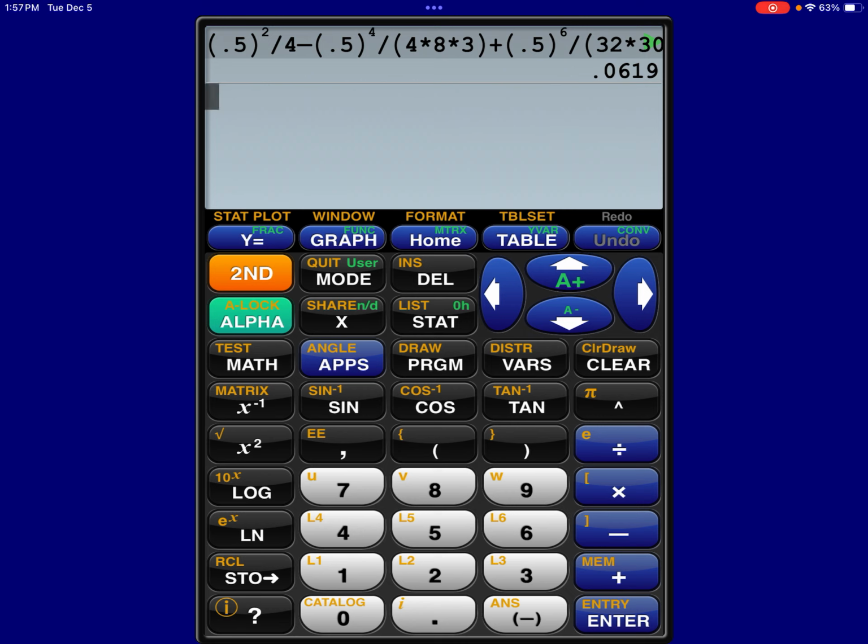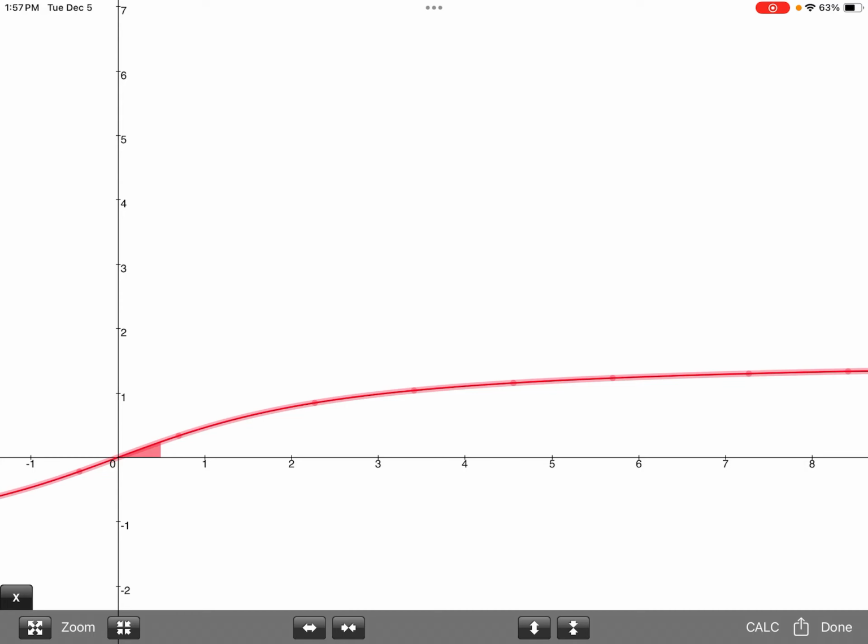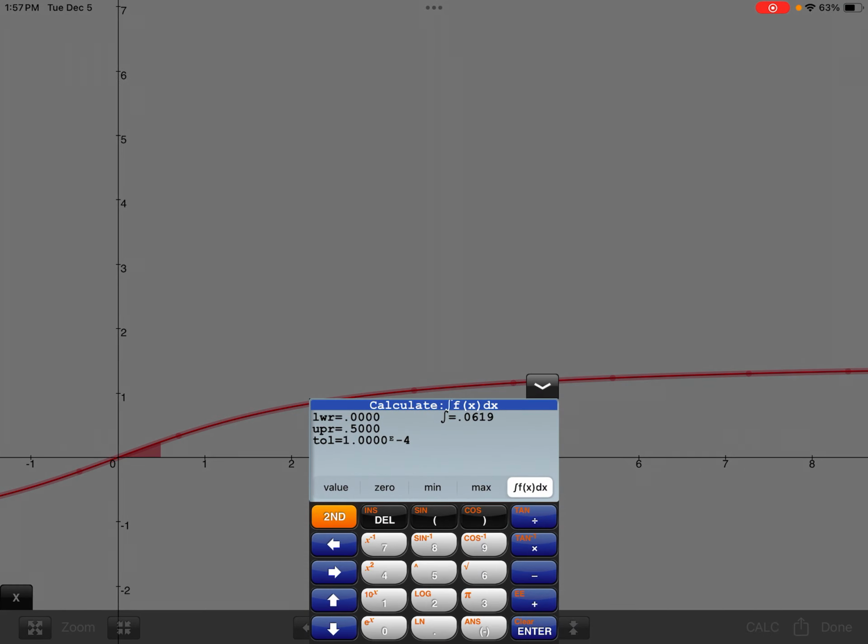So it's 0.0619. So then I also want to graph it and see if that is correct. So go to y equals, and then there's the tangent inverse. Take a look at the graph, and then calculate. And as you can see, I was practicing before you got here.